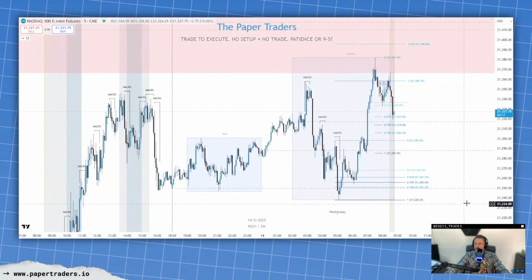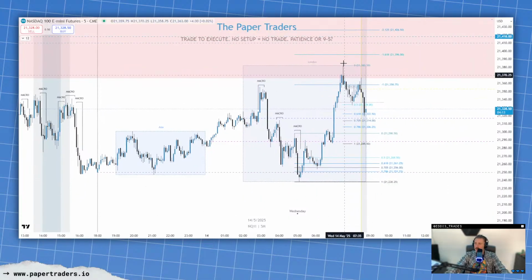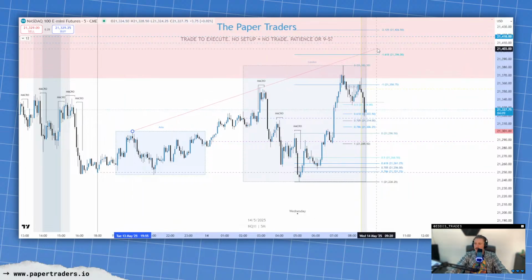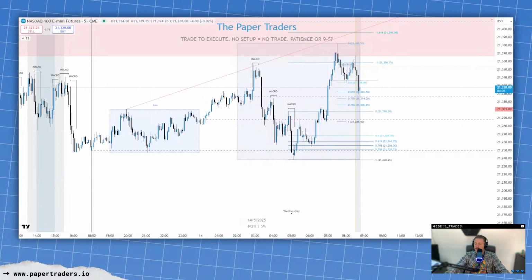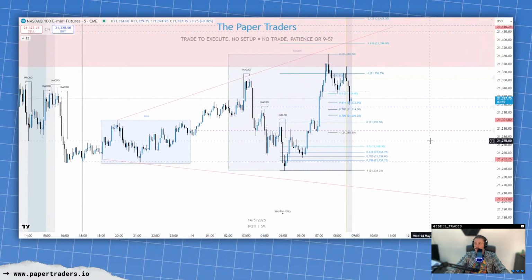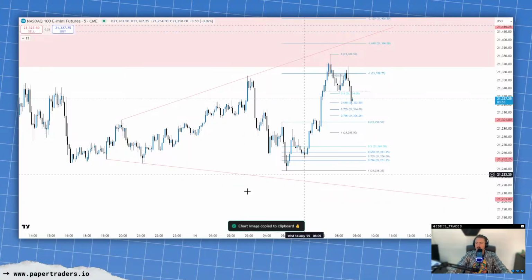And we can draw a little channel off of these highs, just like that. There's your seek and destroy profile, a little megaphone thing. It's kind of what we're working with here.